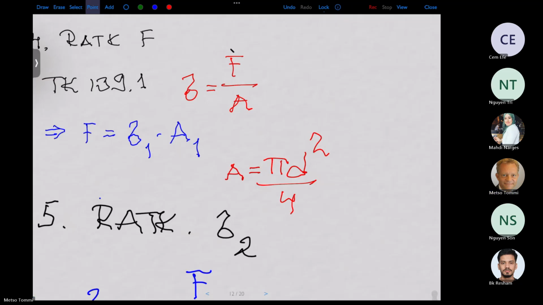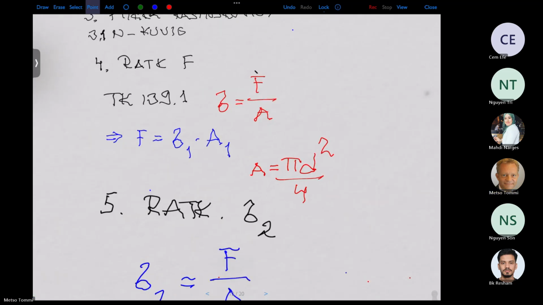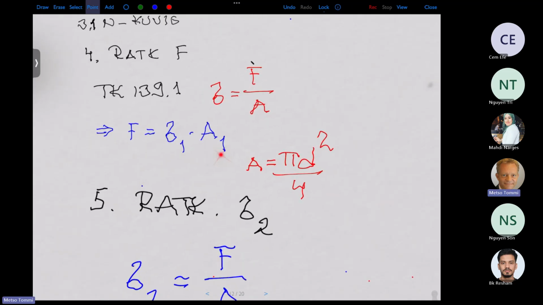Some of you might prefer pi R multiplied, pi D power 2, but I'm used to use this version where there is this diameter in the equation. Anyway, you have to calculate this, and this one that you find from this parameter table, and then you can solve the force.